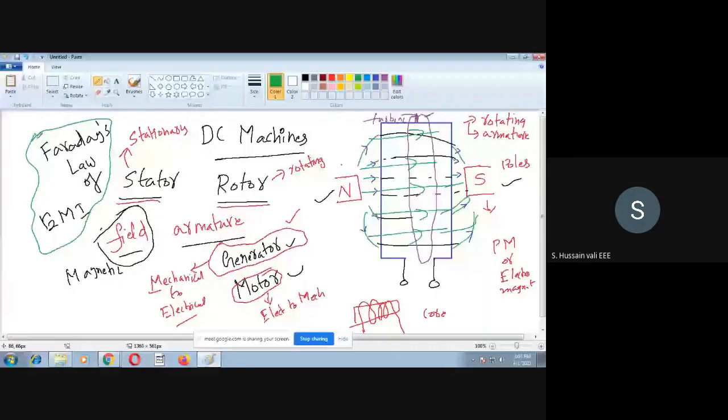That's the simple statement. There is a very long statement also, which you can see in the textbooks, but I'm giving it in my own words. So Faraday's law says that whenever there is a change in flux linking to the conductor, EMF will be induced in the conductor.